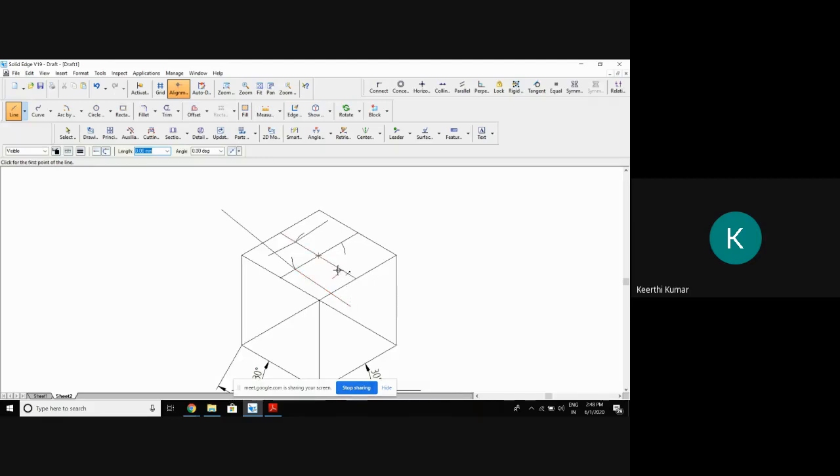Make use of the scale and try to draw parallel to the boundaries. I'll show you how it will look.